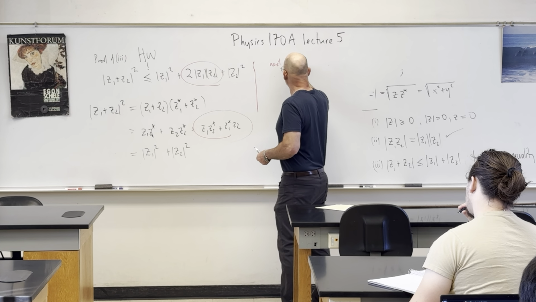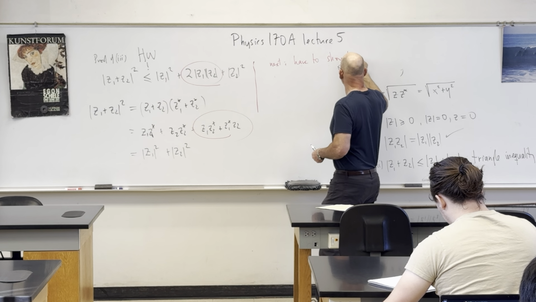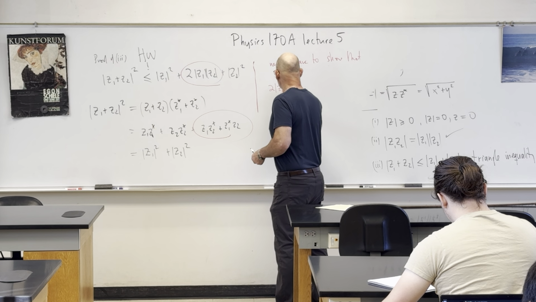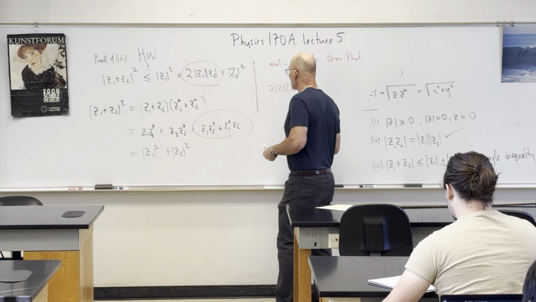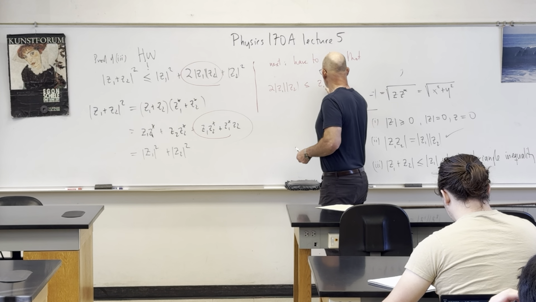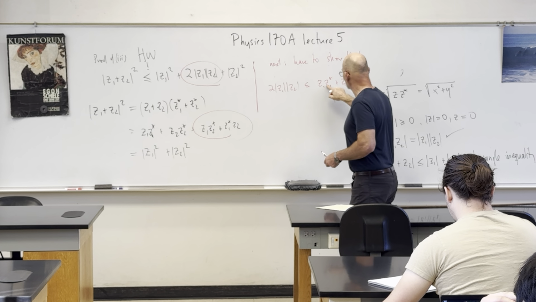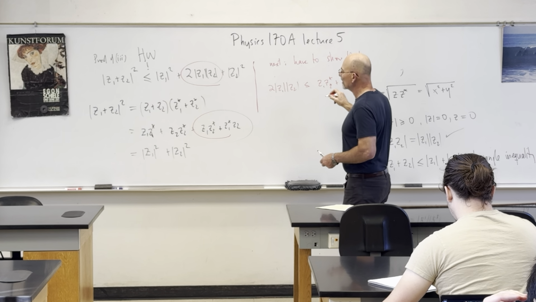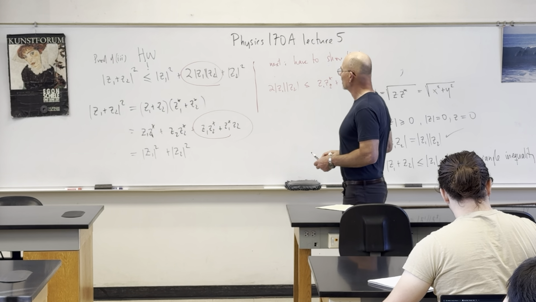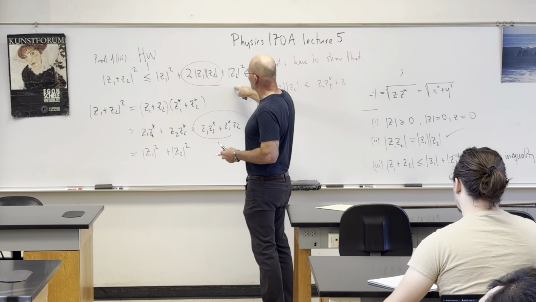Next, we have to show that 2 magnitude is less than or equal to z1 star, no, z2 star. We need to show that it's greater than or equal to. Well, no, this is less than the right side, yes, right?